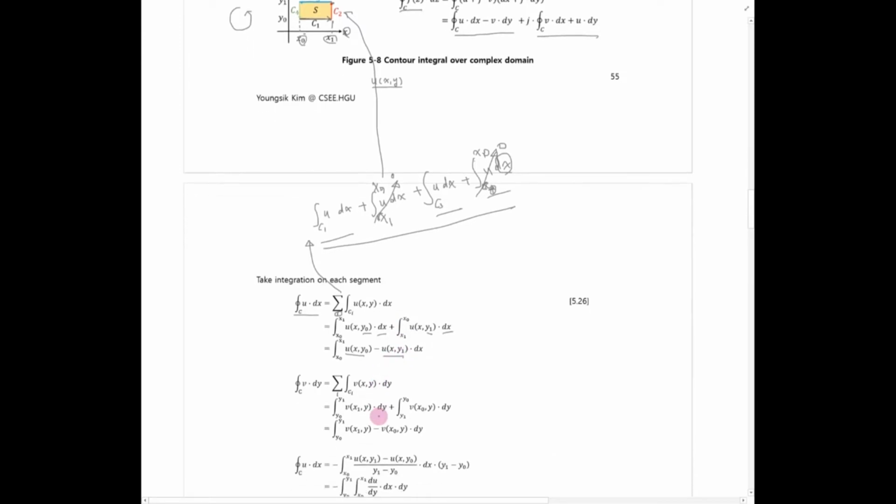Then we can make it one integration from x0 to x1. This one remains the same way, but this part should change sign in this way. So this is the contour integral of u dx.